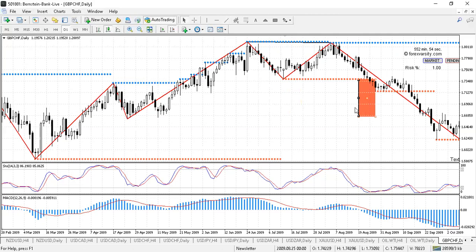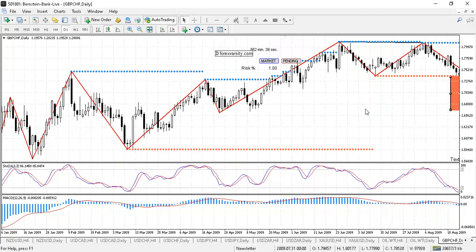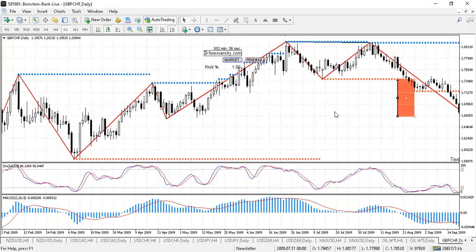You could use a vertical line or a trend line like I've just done, but I just like to use the shape. It will show you a prediction for how far the market is likely to go.